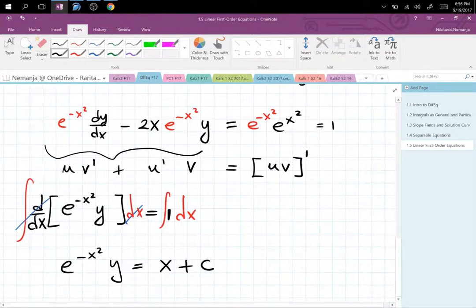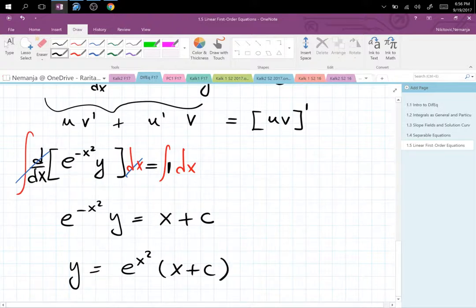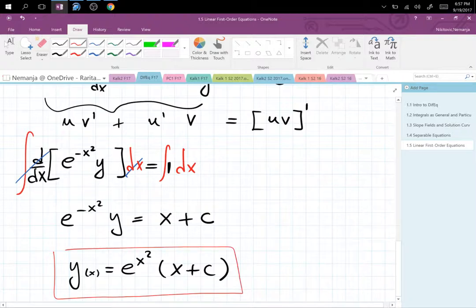Right? Integral of 1 is x, and then plus c. We are going to multiply both sides by e to the positive x squared. So y is equal to e to the x squared, x plus c in parentheses. And that's actually the general solution for this particular problem. We're done. We don't have an initial condition to go further, so this is the general solution.